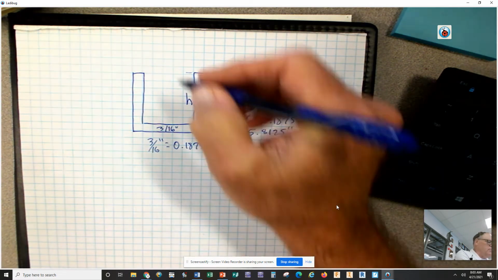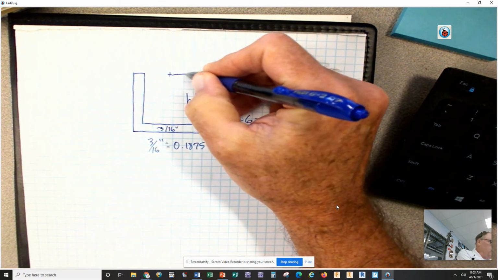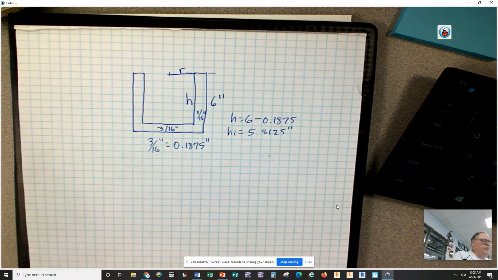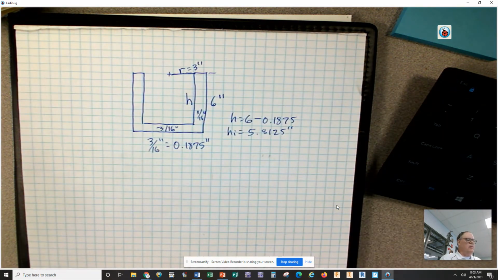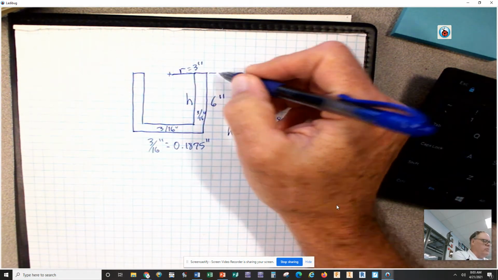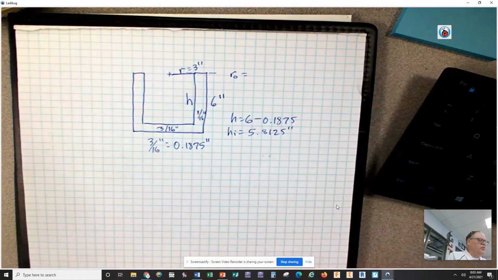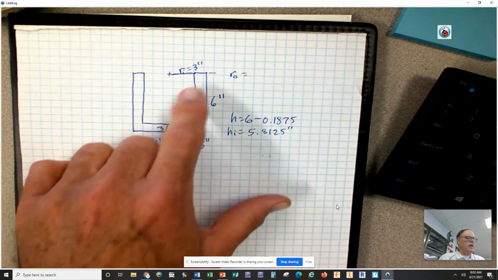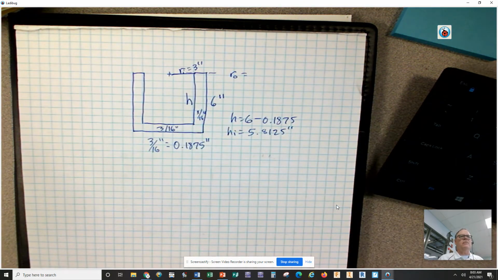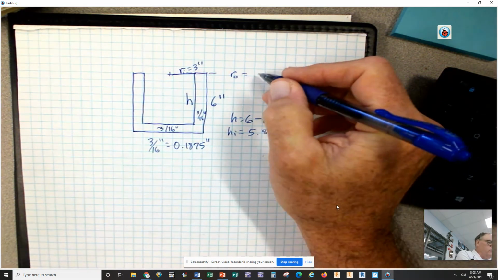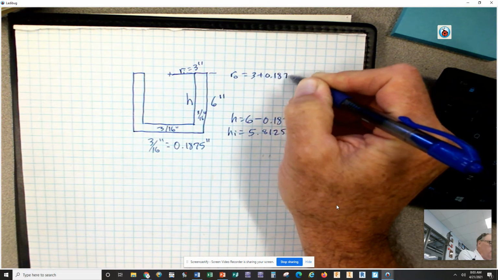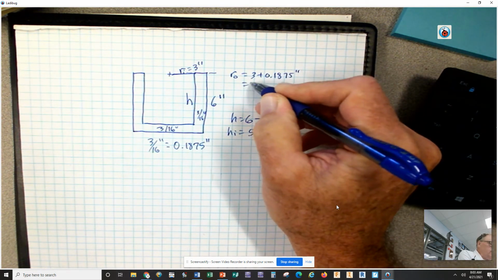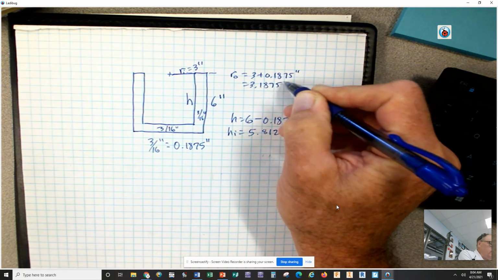Now, in the problem, they told us the radius of the inside cylinder is 3 inches. If we want to know the radius of the outside cylinder, we've got to add the thickness of the glass to it, because the glass adds thickness, so it adds radius. So the radius of the outside is 3 plus 0.1875, which means it's 3.1875 inches.